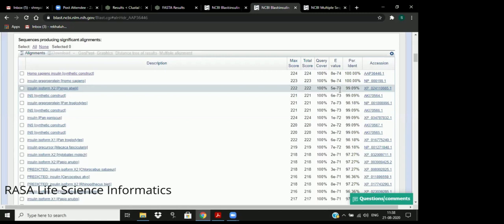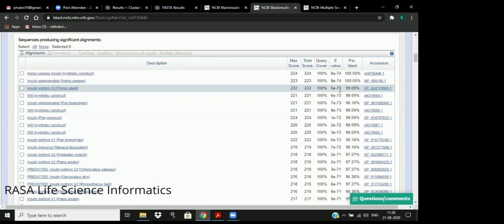What does this mean? It means there is one more person. If I talk about Shreya, then Shreya's expected value will be 1. Why? Because there is one more person having the same score with the query, which is Megha, right? Similarly, the E value represents how many hits you can get having the same or similar score.